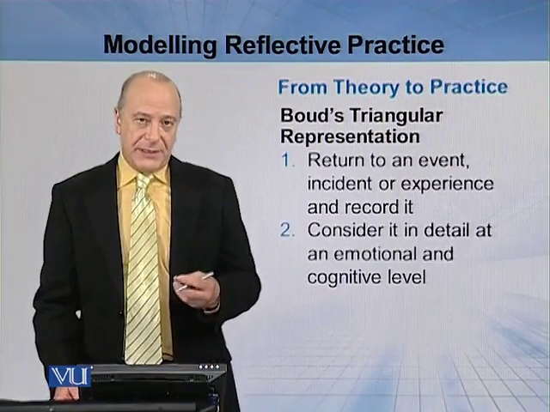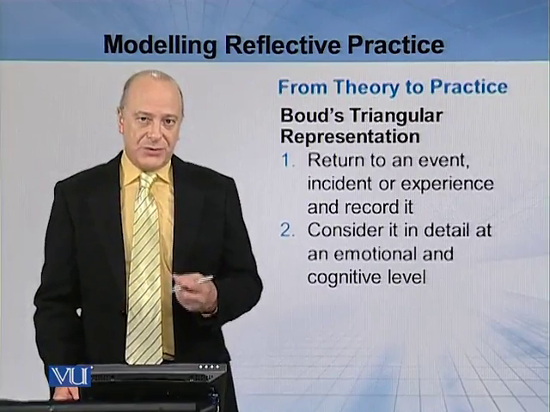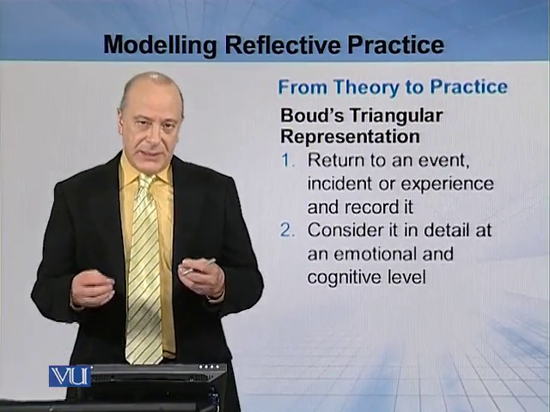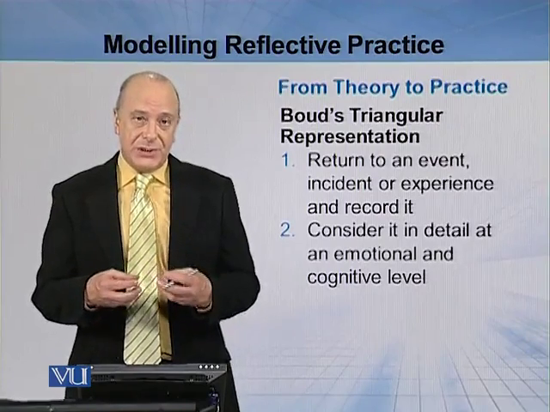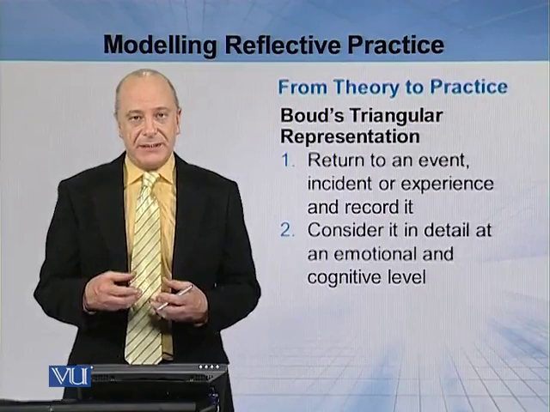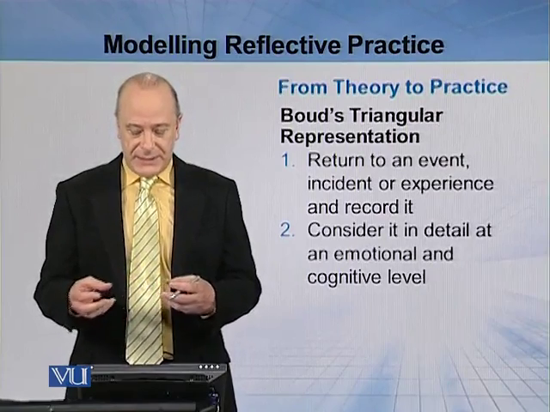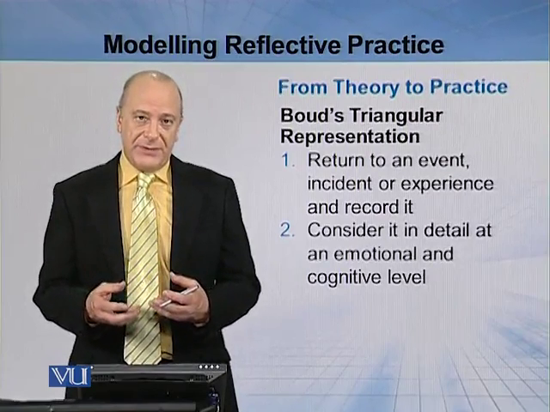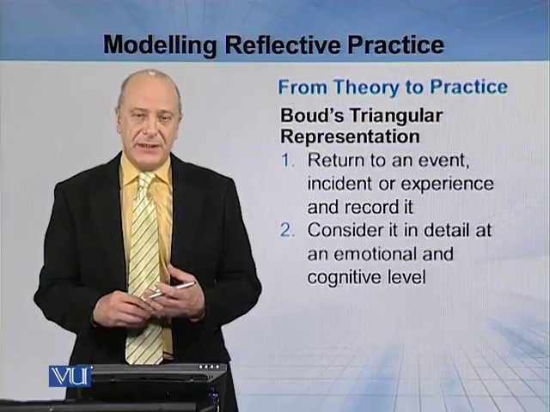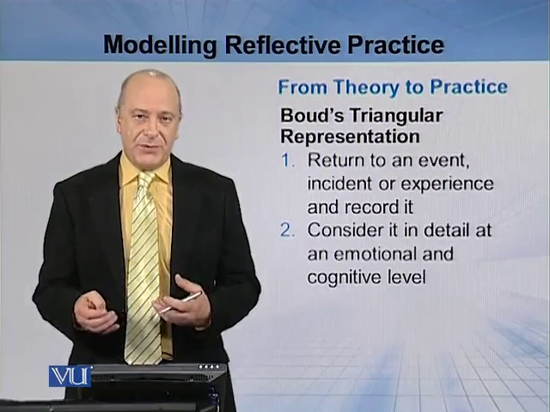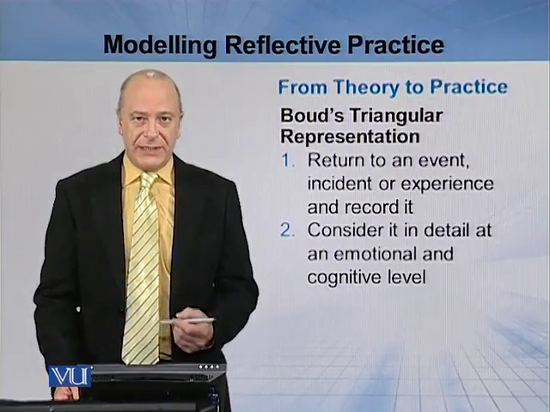So let's think a little bit more about this triangular representation. What the reflective practitioner needs to do is return to the incident, the event upon which they're reflecting, and to not only try to describe it for themselves, but also to understand their emotional response to it, the feelings that they have in relation to their teaching.